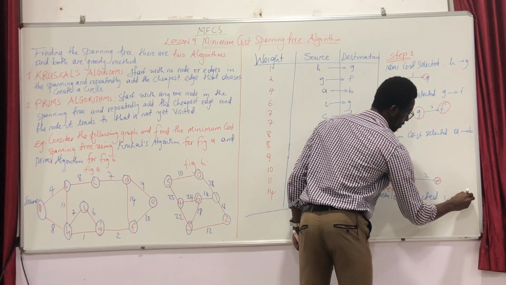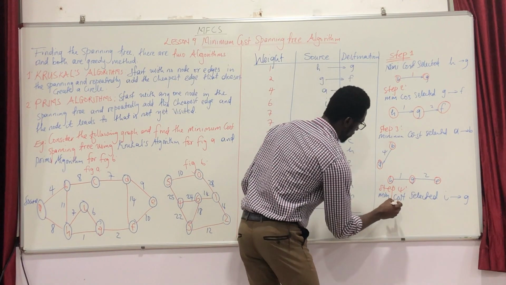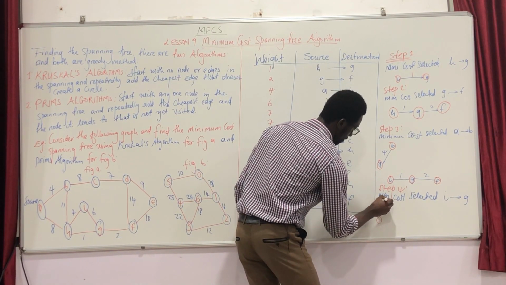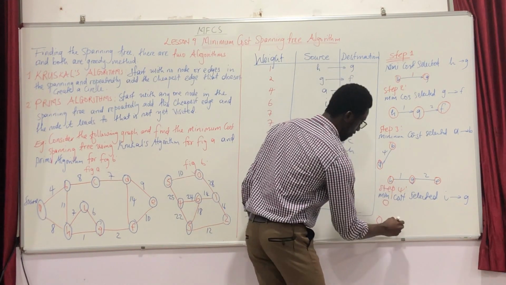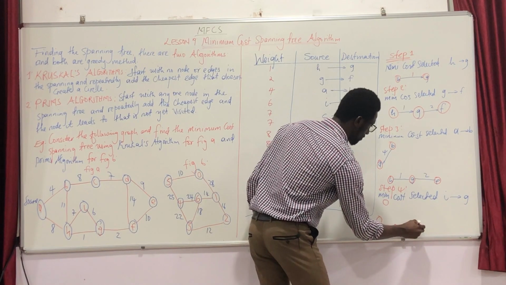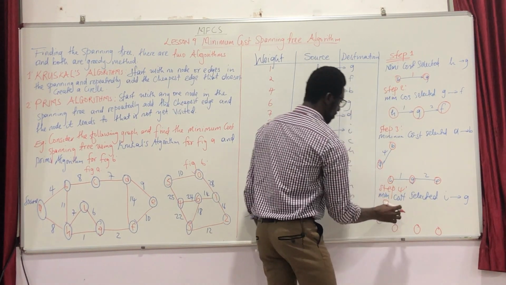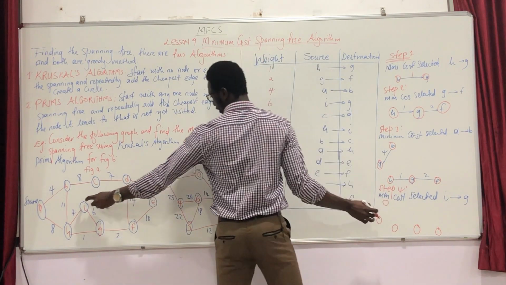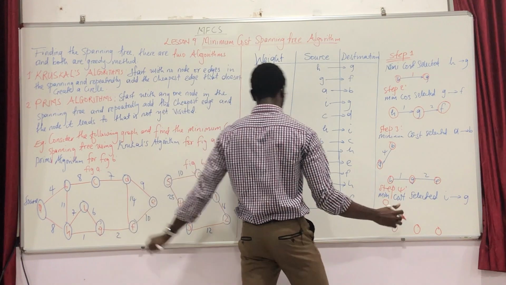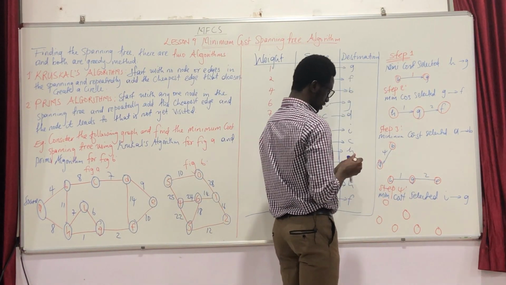I to G. So now we have here A, B, and we have H, G, and F. Then we have here our I. Between H and G, we have I.